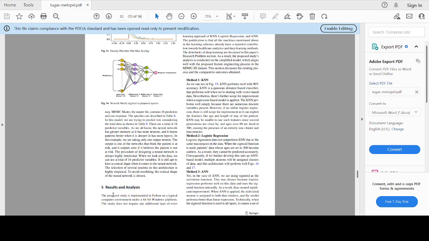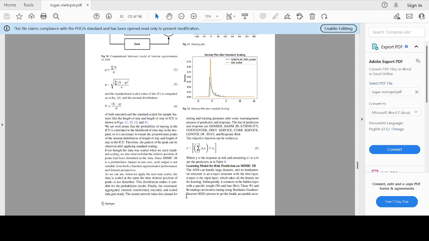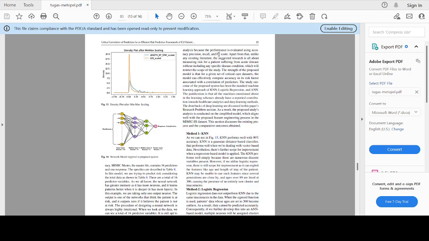Results and analysis. The proposed study is implemented in Python, in a 64-bit environment. The performance is evaluated using accuracy, precision, recall, and F1 score.